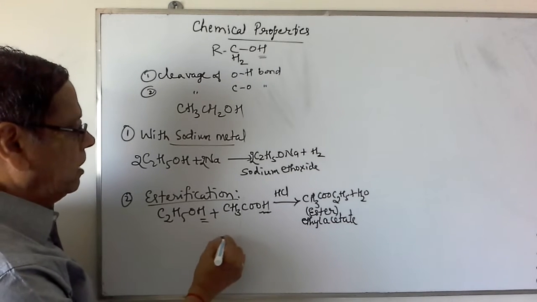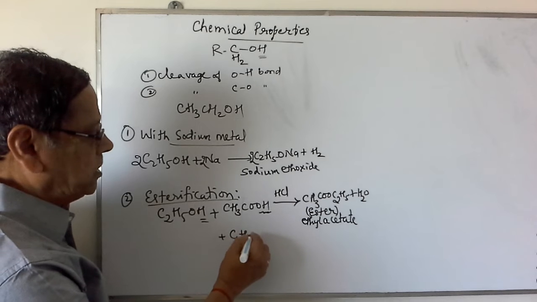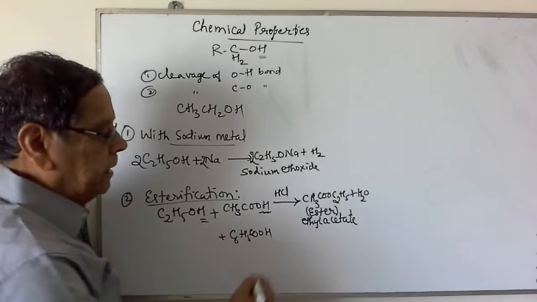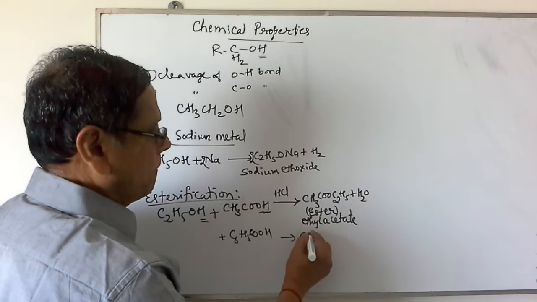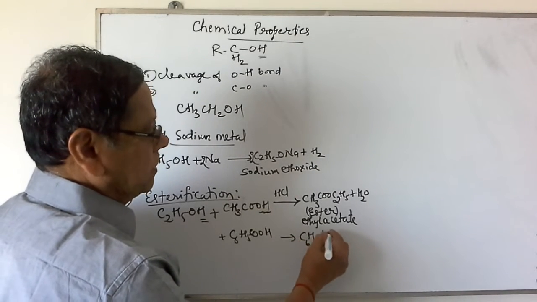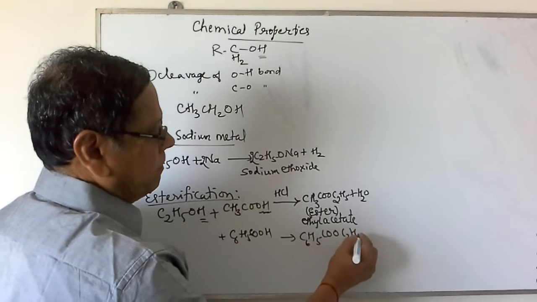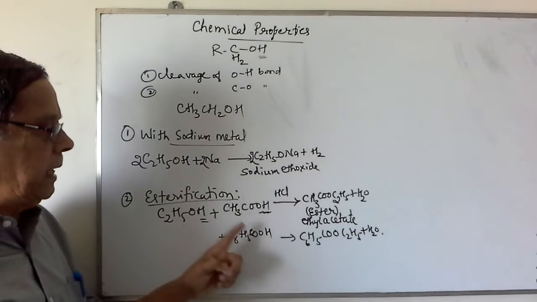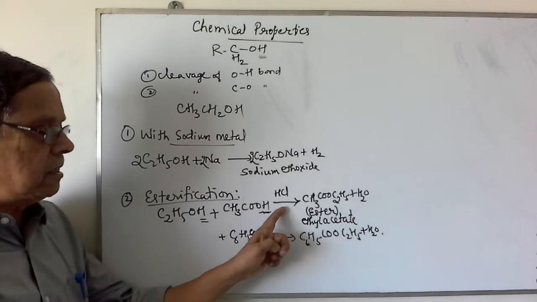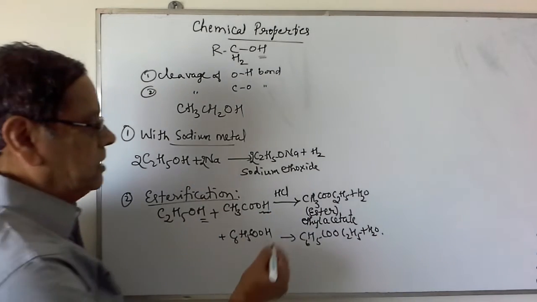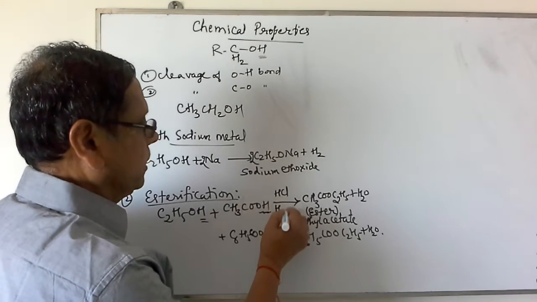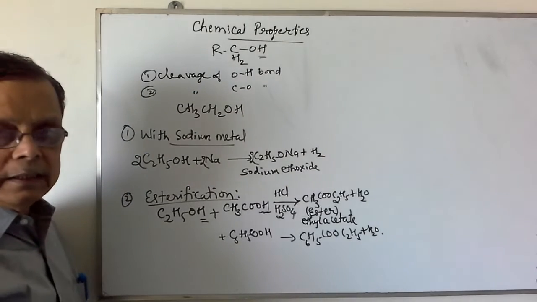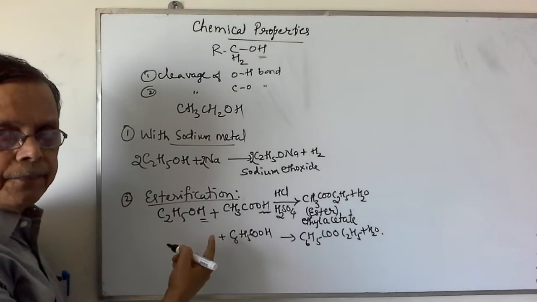Similarly, when ethyl alcohol reacts with benzoic acid, C6H5COOH, it will give rise to ethyl benzoate, C6H5COOC2H5, along with the formation of a water molecule. Any such reaction between an acid and an alcohol in presence of a dehydrating agent like HCl or concentrated H2SO4, giving rise to an ester, is called an esterification reaction.